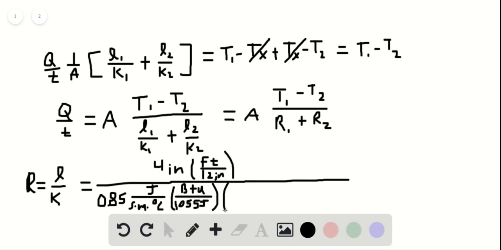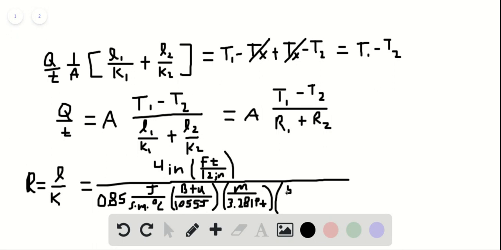Okay, so now let's convert to feet from meters. So, of course, 1 meter is equal to 3.281 feet. Okay, and now let's convert Celsius into Fahrenheit.